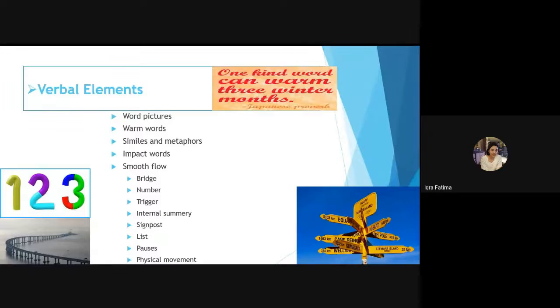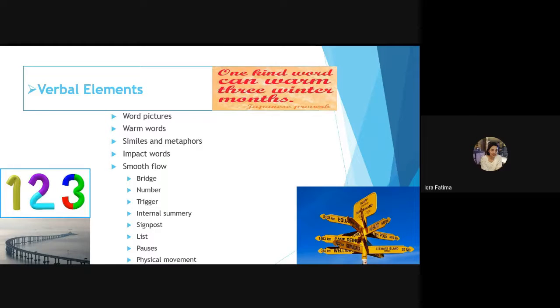Internal summary. Sometimes within your presentation, if you have a lot of topics and subtopics to discuss, when you are moving from one point to another, you can summarize the previous topic or previous point in one or two lines, and then move to the next.